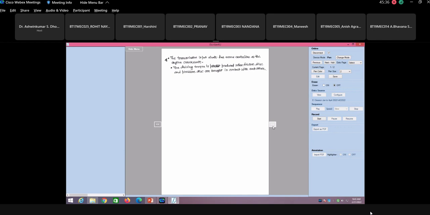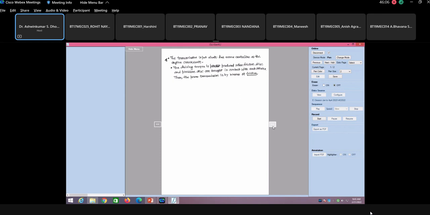The power being transmitted from the driving plate to the driven member is by means of friction. So friction plays a very important role.